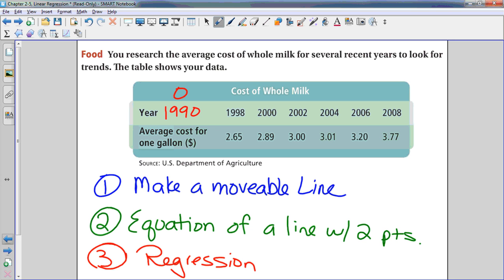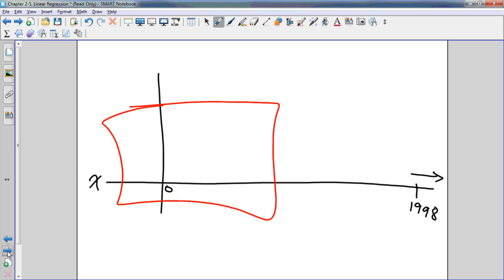Year 2 would be 1992. Year 3 would be 1993. So what's 1998? Year 8. What about 2000? 10. 12. Right?